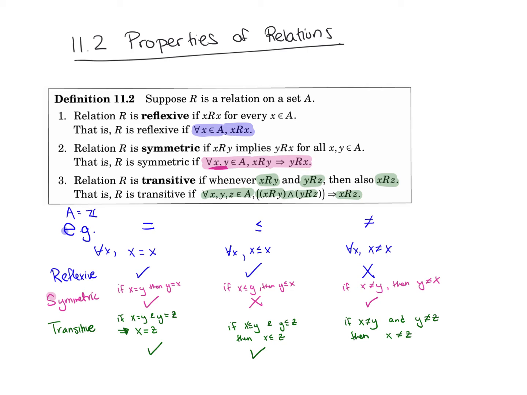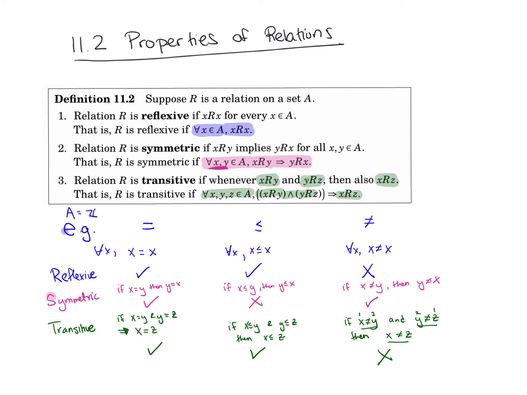If you think about that, maybe x could be 1, y could be 2, but then z could be 1 again. Then I have x not equal to y and y not equal to z, but I contradict the conclusion, because x is equal to z. So I have a counterexample, and that's not a transitive relation.